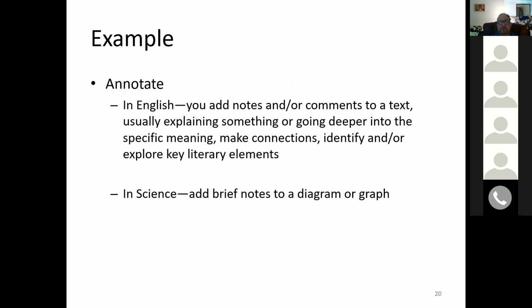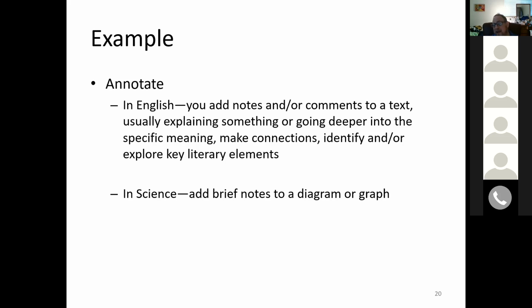For example, annotate. In English, you add notes and/or comments to a text, usually explaining something and going deeper into the specific meaning, make connections, identify and/or explore key literary elements.